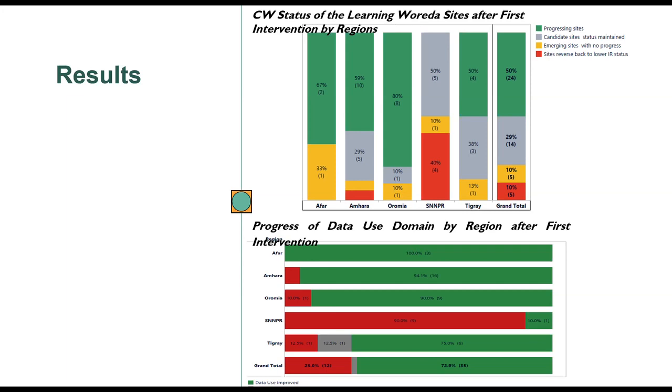But we have observed major improvements in data quality and use. And as you can see from the chart at the bottom, most of the regions have shown significant improvements in the practices of data use as measured by the assessment criteria that we have developed.